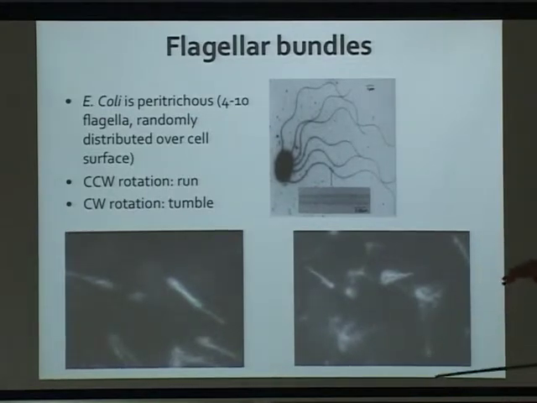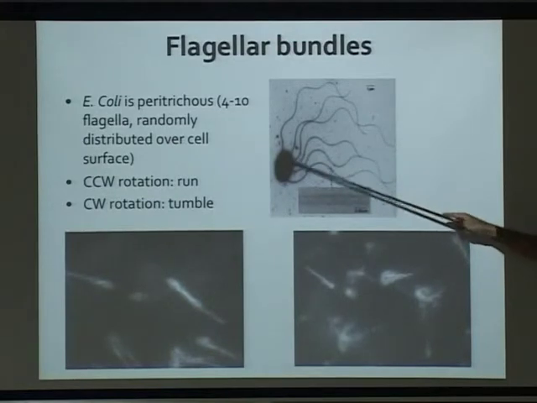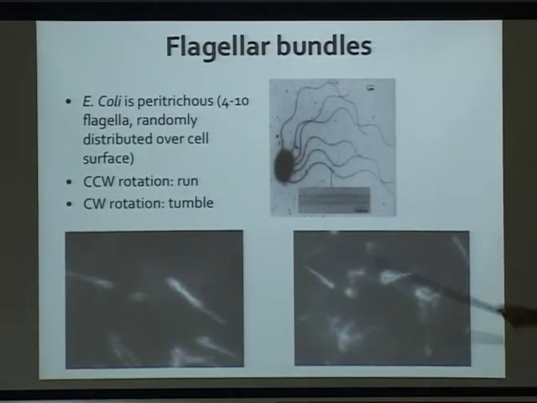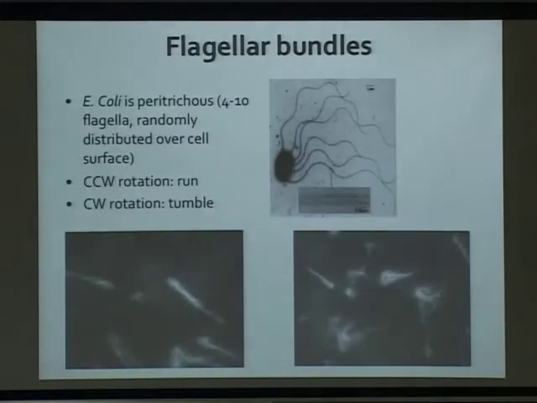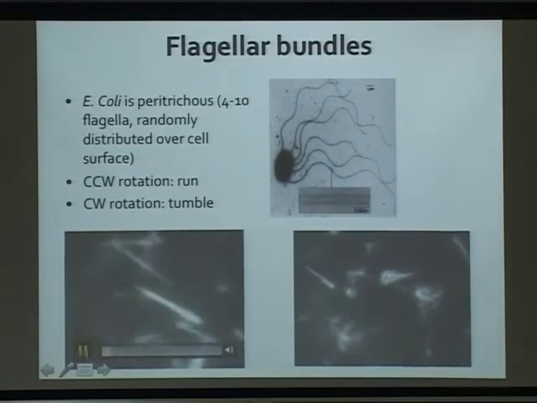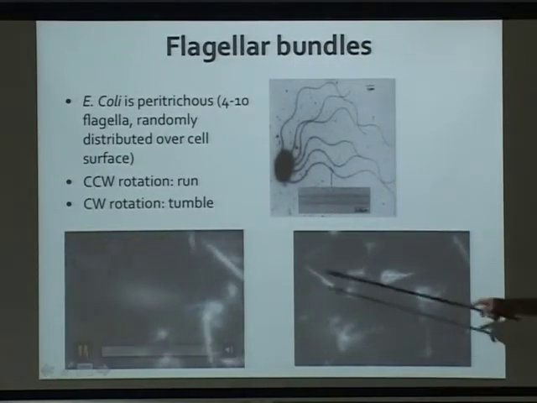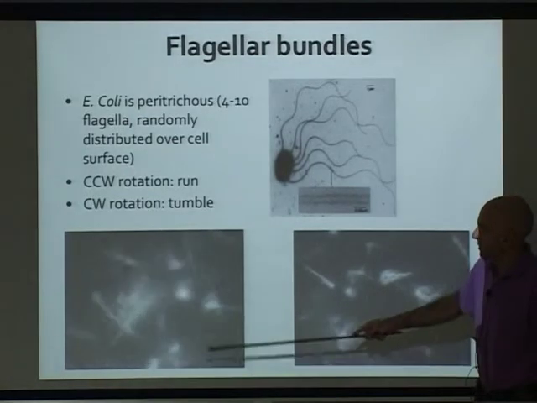So behind the cell body there is this bundle of flagella all together, and they consistently propel the bacterium in the forward direction. So you can see here a movie taken from Berg's lab. Here, the flagella have been made fluorescent. So what you're seeing is the fluorescence emitted by flagella. And you can see them streaming, right?